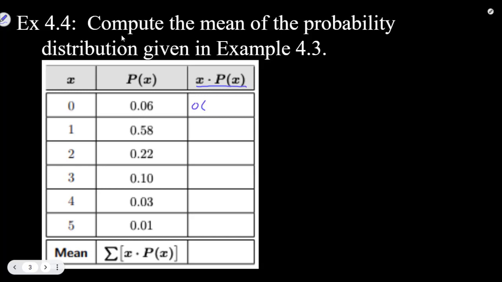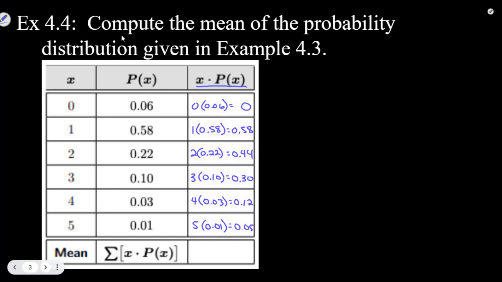So 0 times 0.06 is 0. 1 times 0.58 is 0.58. 2 times 0.22 is 0.44. 3 times 0.10 is 0.30. 4 times 0.03 is 0.12.